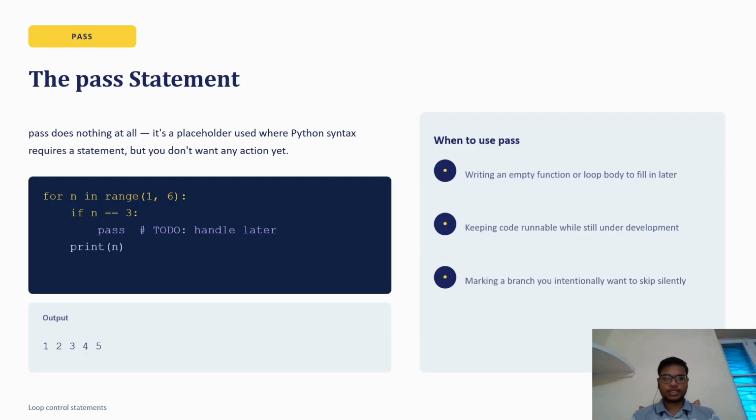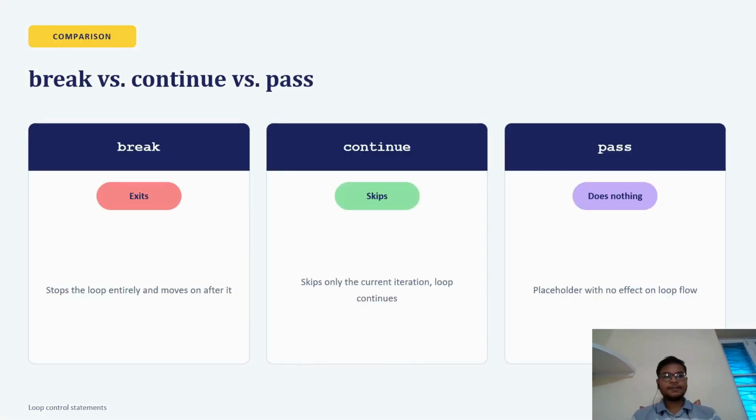So let's move forward and see the comparison between break, continue, and pass. Break just exits, stopping the loop entirely and moving on after it. Continue skips only the current iteration, and the loop continues at that point.